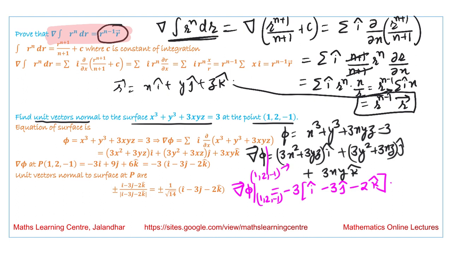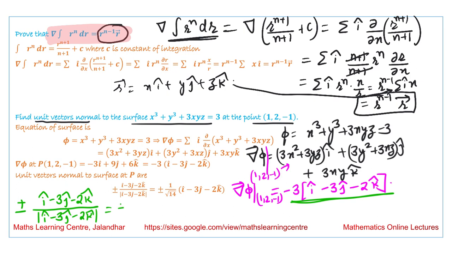So we have to find the unit vector. The unit vector corresponding to this is I cap minus 3 j cap minus 2k cap divided by, we have plus minus sign over here, the modulus of I cap minus 3 j cap minus 2k cap.